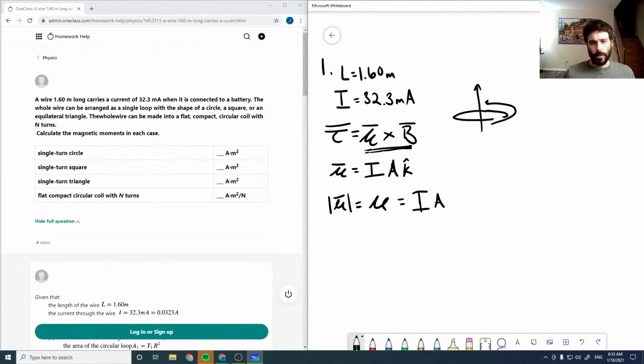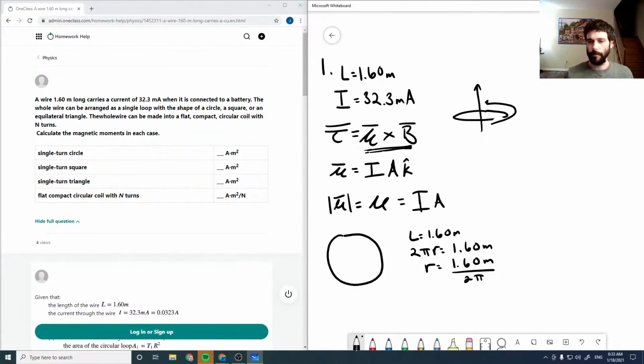For a single turn circle, our length is 1.60 meters. The length of a circle is its circumference, so 2 pi r is equal to 1.60 meters. So r is equal to 1.60 over 2 pi.